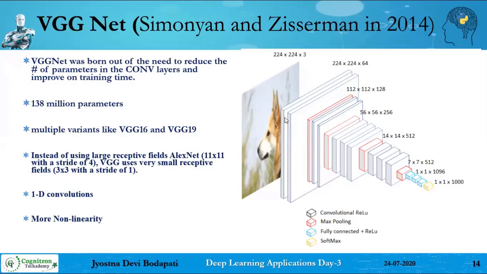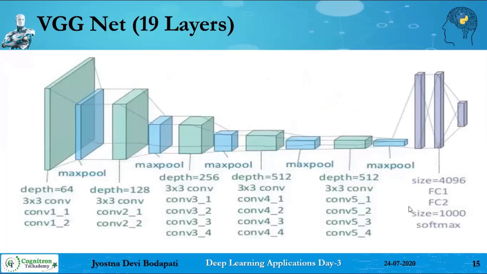As you stack the convolution blocks, what happens is ReLU on top of ReLU, so you are getting more nonlinearity in your data. That means you are getting better features. That is how VGG16 was introduced. Then VGG19 was also introduced; except for the number of layers, the architectural differences were not there. So VGG19 was with 19 layers.